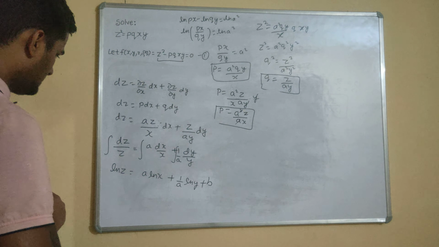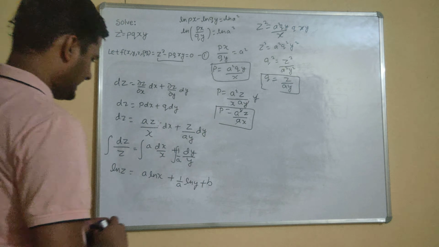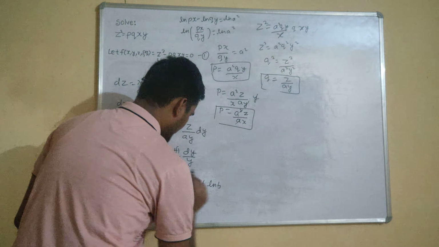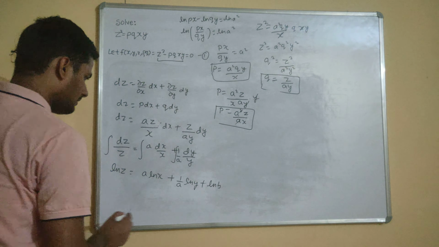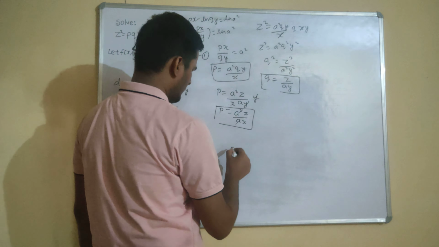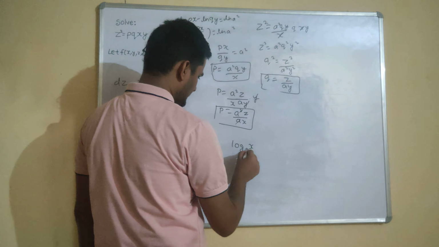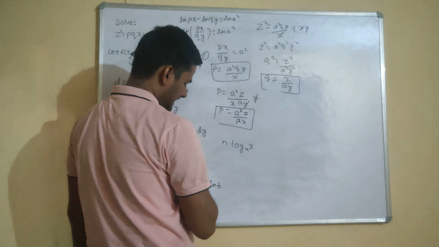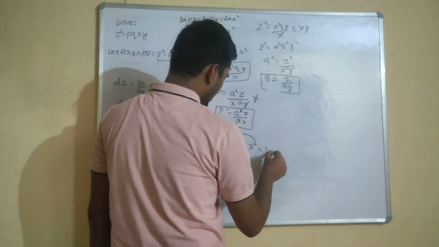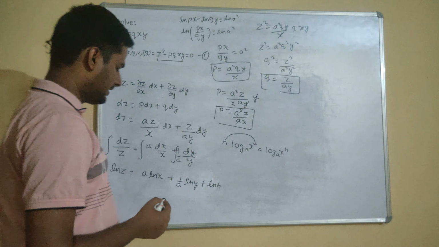Let's name that other constant to be ln b so that I can find z alone. Now here you know the property of log, that if we have log x base a and if n is there, we can always bring this n to the power to get log x power n base a, and you can do the opposite thing also.